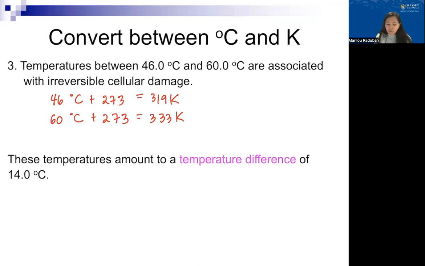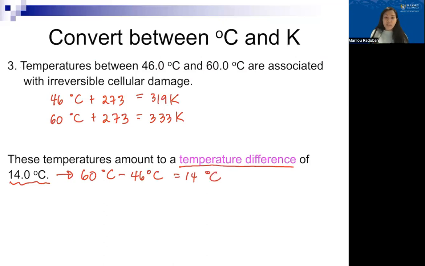Okay. Now for the temperature difference, 14 degrees Celsius is actually the temperature difference between the two temperatures given in question 3. In question 3, notice you have 60 minus 46 is 14 degrees Celsius. So this 14 degrees Celsius came from 60 degrees Celsius minus 46 degrees Celsius from question number 3.